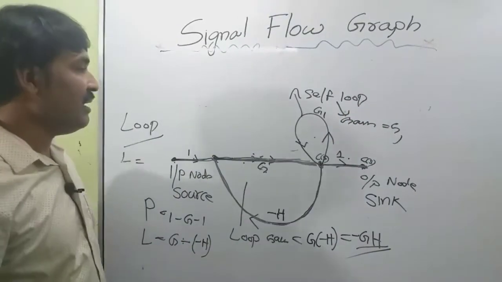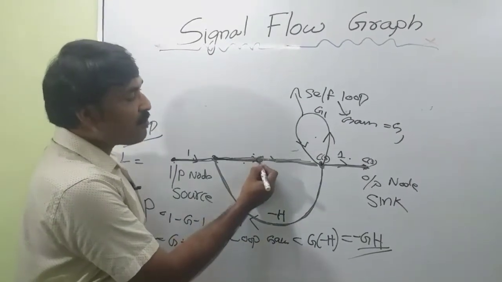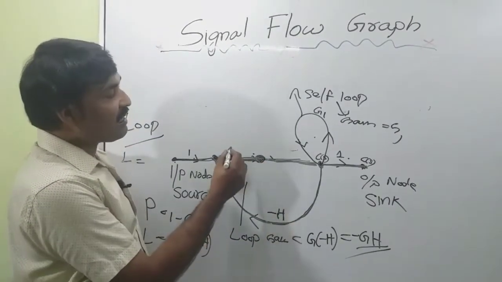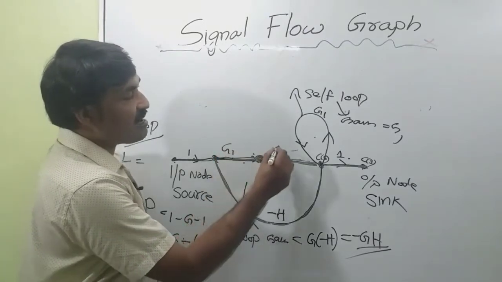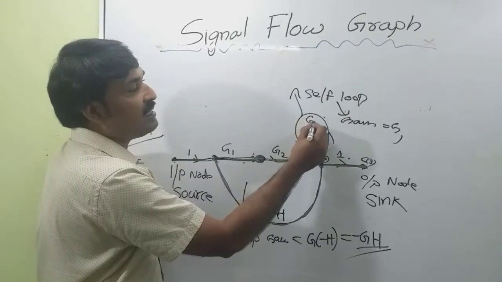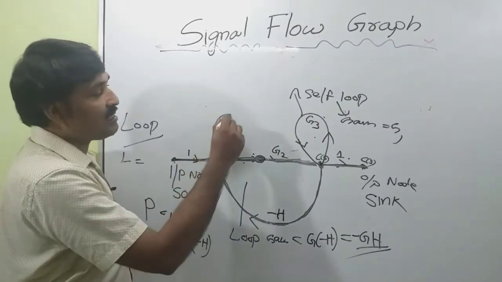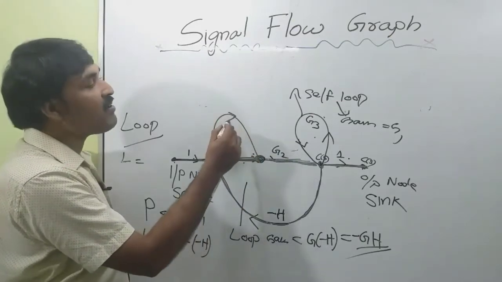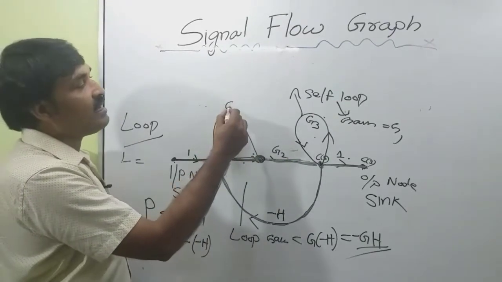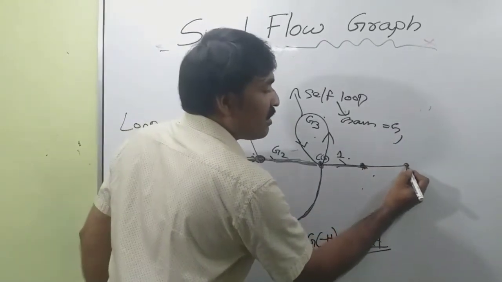Now, suppose in this figure I am drawing one more node here. Let the gain of this be G1, and this G2. For this self loop, let it be G3. And I am drawing another branch like this, having a gain of G4. Let us have one more node here.